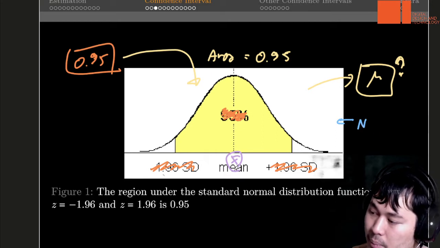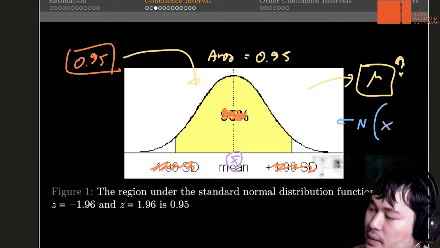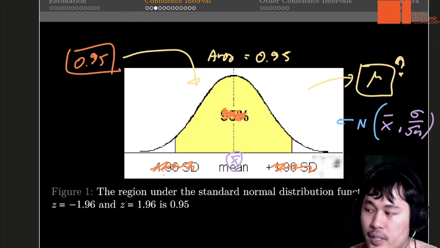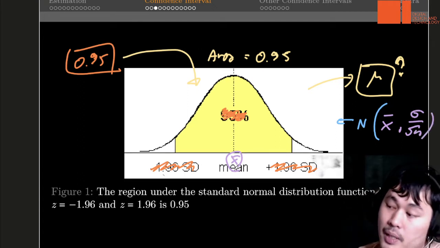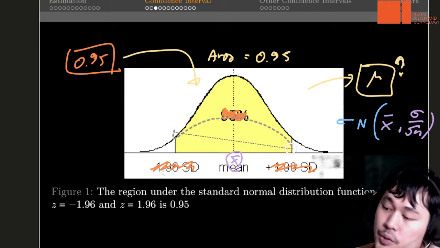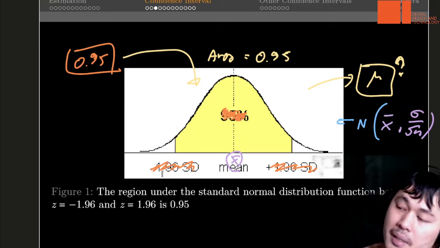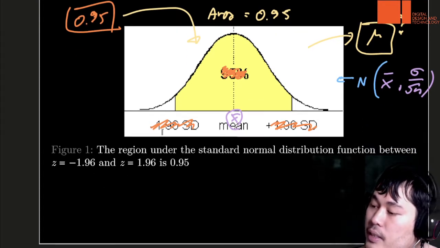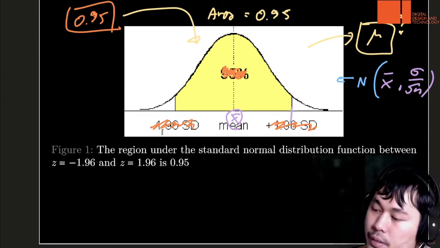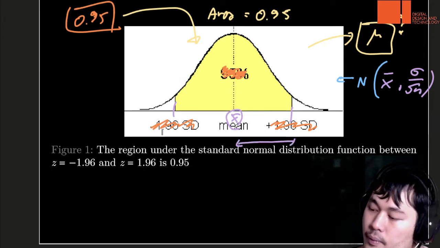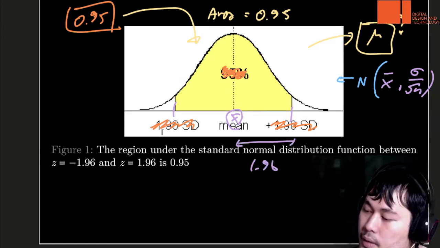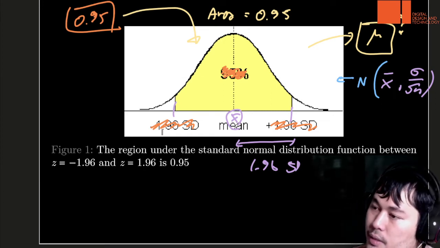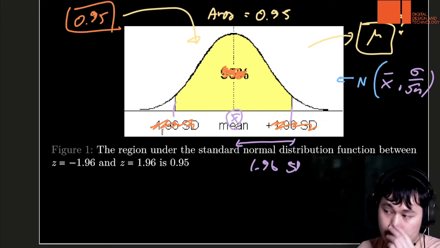And actually this curve can be represented by the sample mean, that value, and sigma over square root of n. Once you plot this curve and identify two endpoints where the area is about 0.95, you would see that the width is about 1.96 times the standard deviation, which is this number, sigma over square root of n.